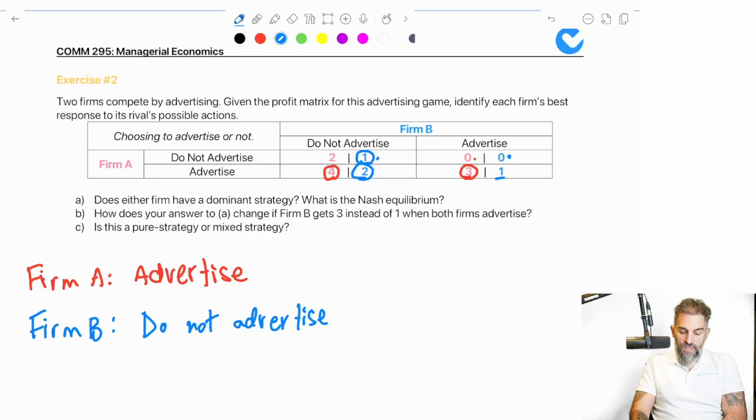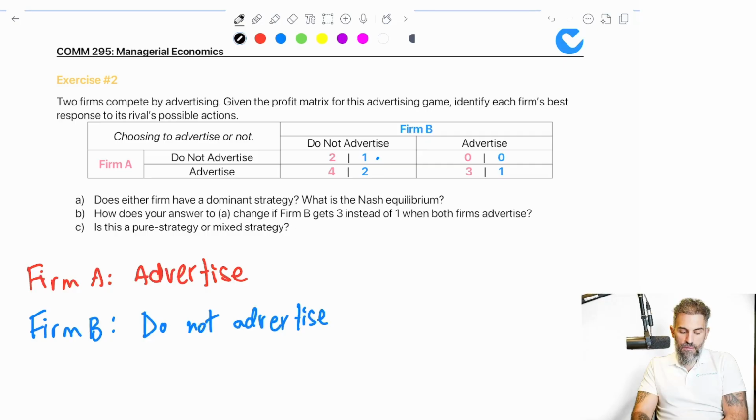And so what's going to happen is firm A will advertise, firm B will not advertise. So that will be here. This is the outcome. Now, is it a Nash equilibrium? Well, ask yourself, can either one of them make a higher profit by deviating from this intersection? No, look.